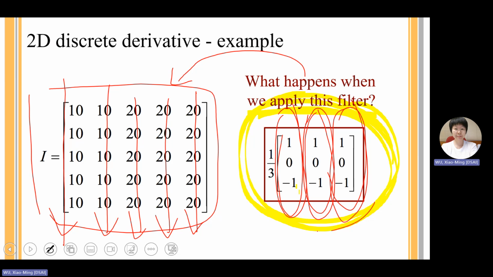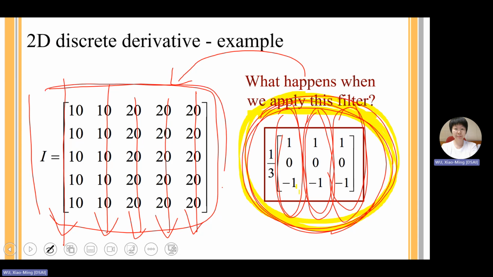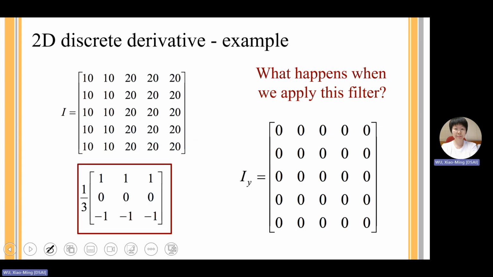Therefore, if you apply this filter, which calculates changes along the vertical direction, whereas there isn't any change along the vertical direction, then without doing any calculation, we can infer the result is just all 0.